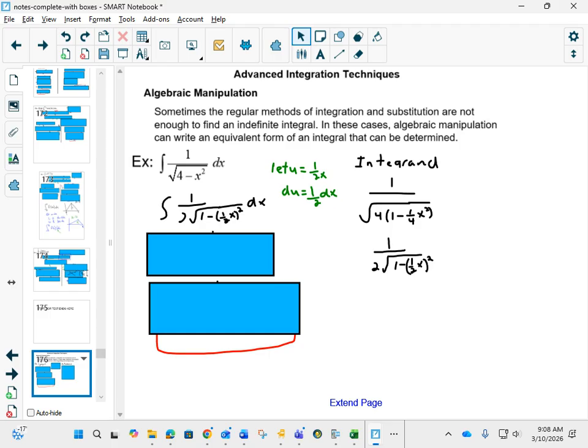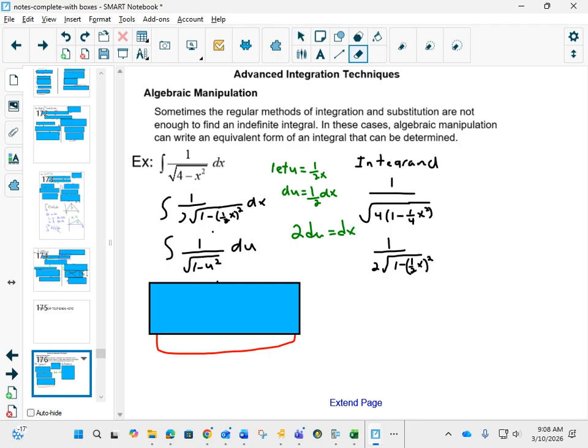The derivative, du, would be 1/2 dx. In other words, that dx by itself, oh no, the half is actually there. I don't even have to do that. Sorry. Because we have the 1/2 already built into the equation.